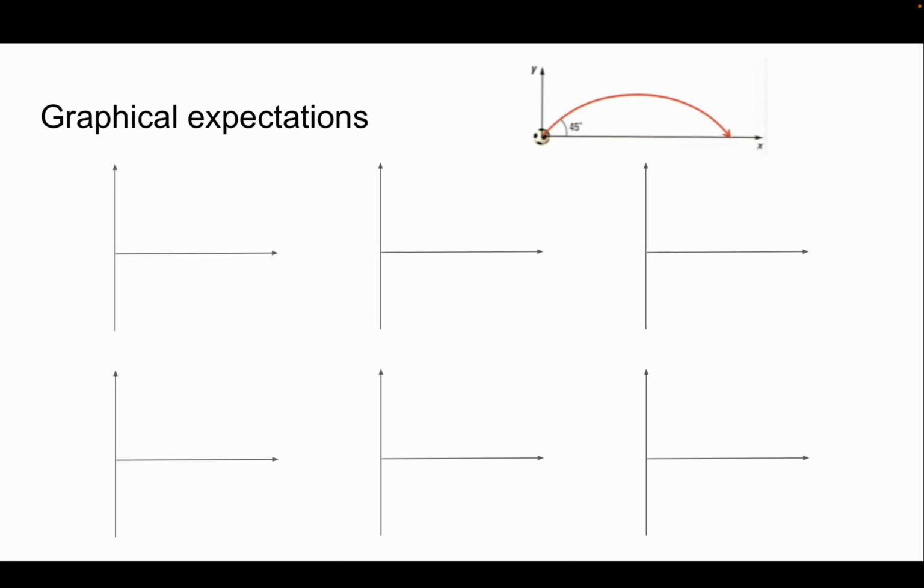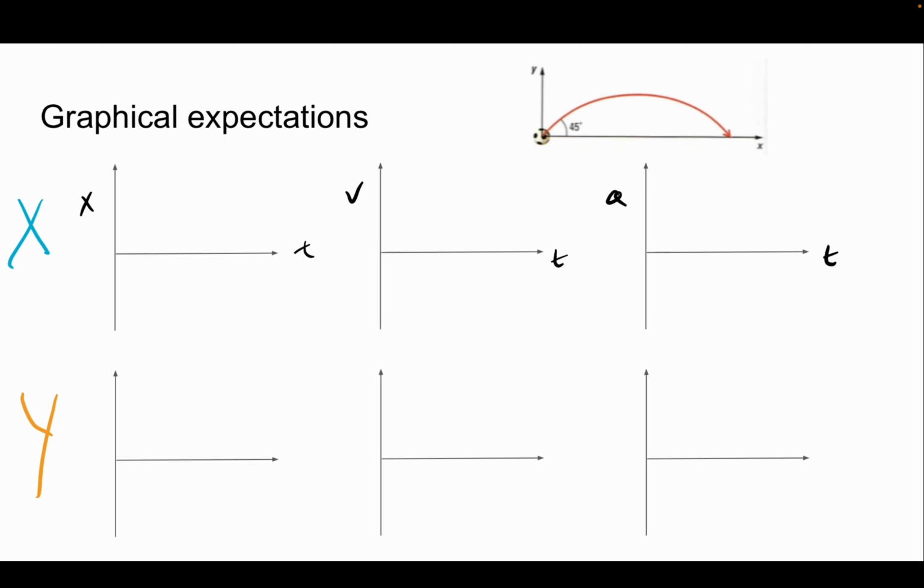Now, let's look at what our graphical expectations are when we talk about this stuff. So we're going to look at our X over T, our V over T, and our A over T, right? And these guys here are going to be in the X axis, right? These guys down here are going to be in the Y axis.